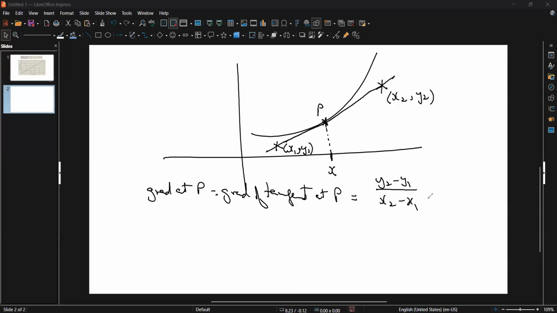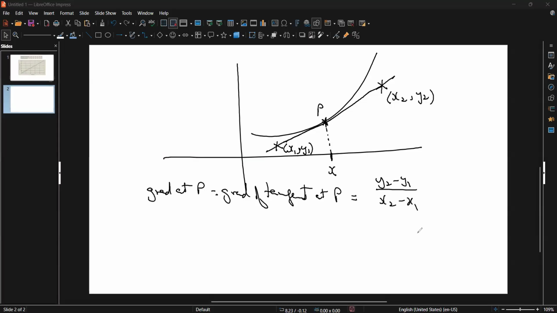You can turn it around the other way too, no problem: y1 minus y2 over x1 minus x2. So when you have a curve, remember the gradient is different at every point. With the previous example where we were dealing with a straight line, the gradient is the same everywhere. So you just do one calculation, you're done.